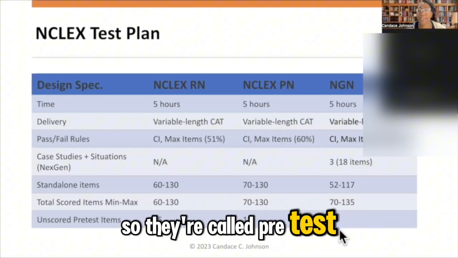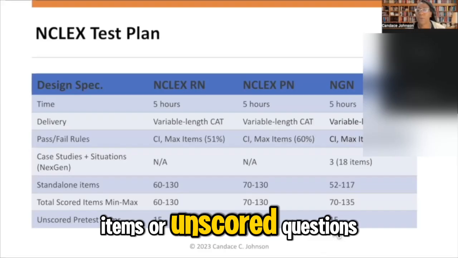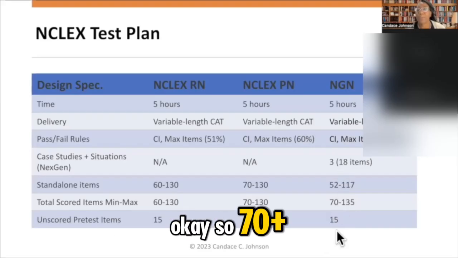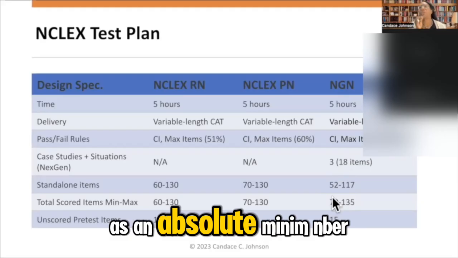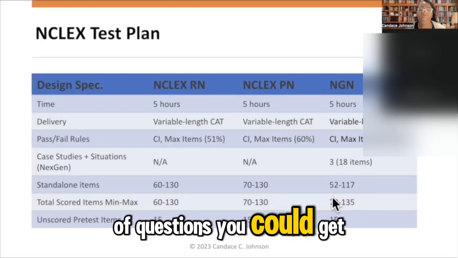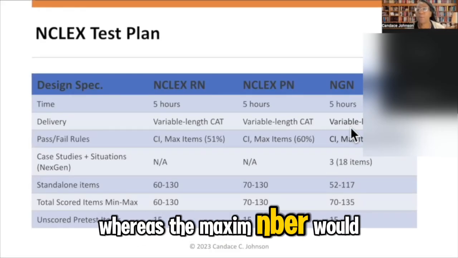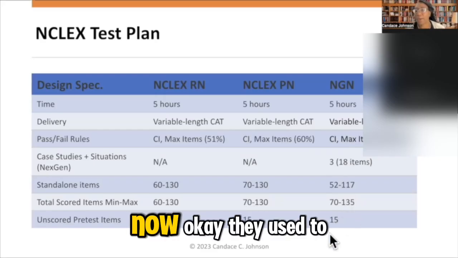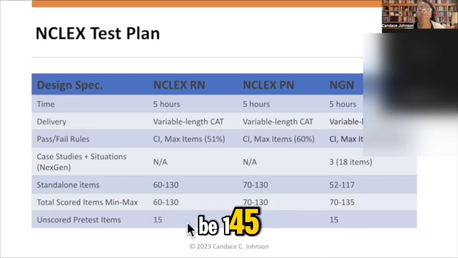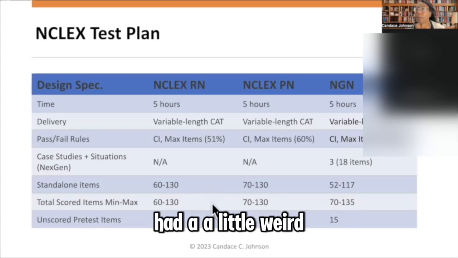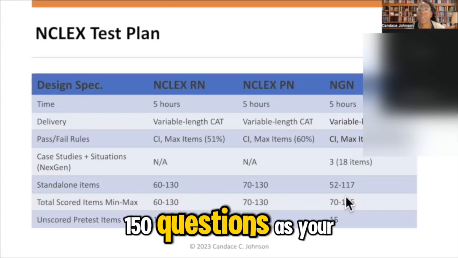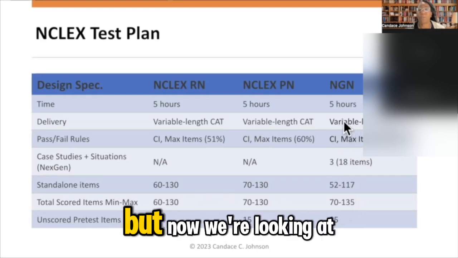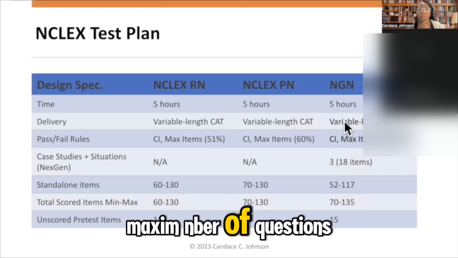So they're called pretest items or unscored questions. So 70 plus those 15 give you 85 total questions as an absolute minimum, whereas the maximum number would be 150 now. They used to be 145, 156, they had a weird upper limit, but now we're looking at 150 questions as your maximum.